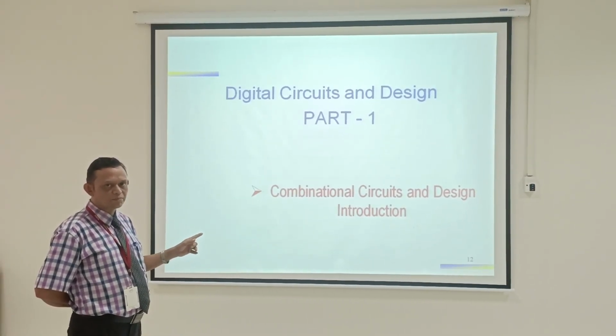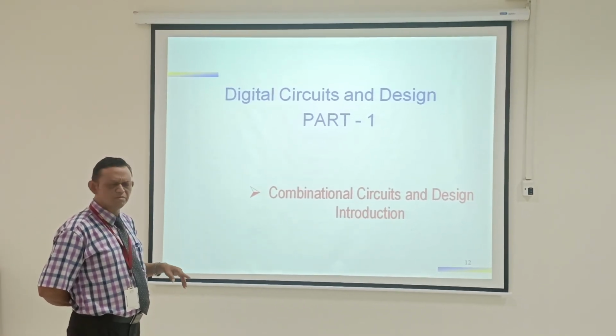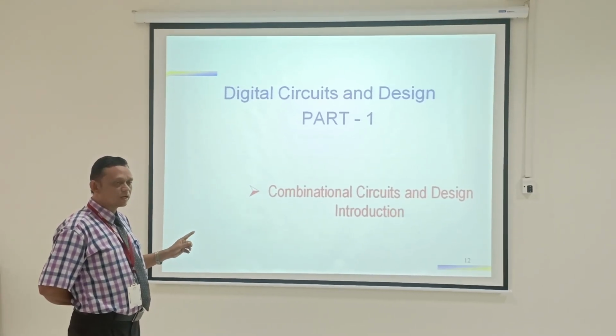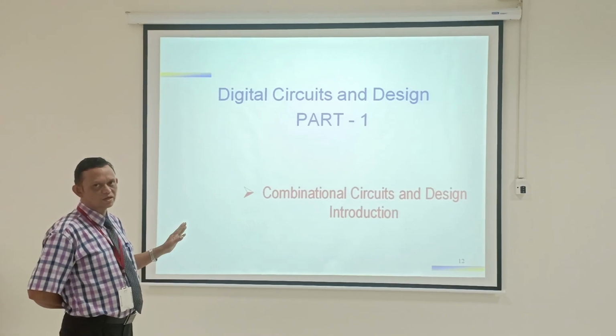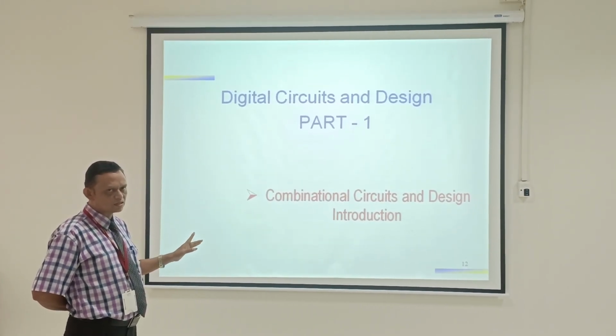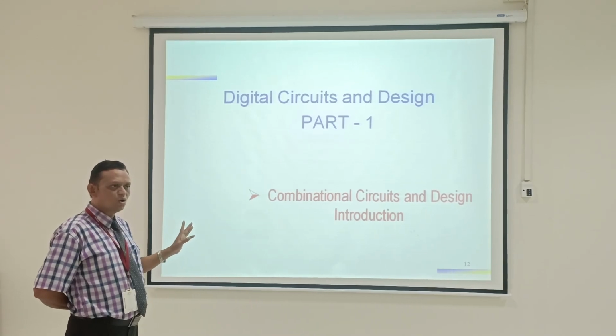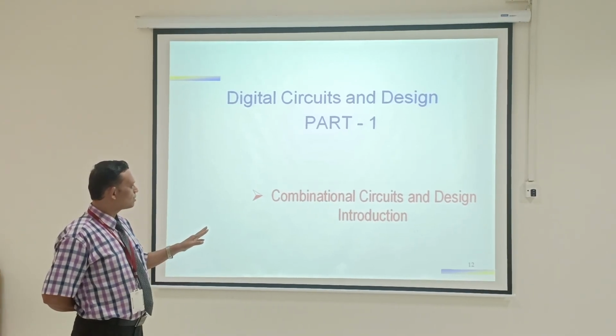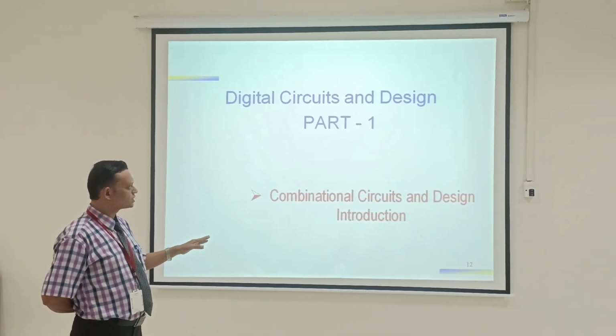Now we are going to cover combinational circuit design. This is one kind of circuit that can be used for both purposes. Even though we call it a combinational circuit, with the help of it we can do both arithmetic operations as well as logical operations. Now we want to see how it is happening here.